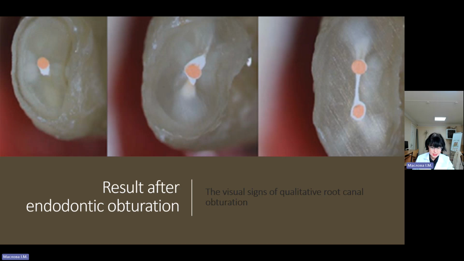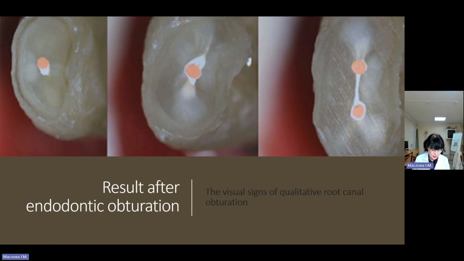Single cone techniques performed with conventional sealers have been perceived to be less effective in sealing the root canal than warm gutta-percha vertical compaction techniques.